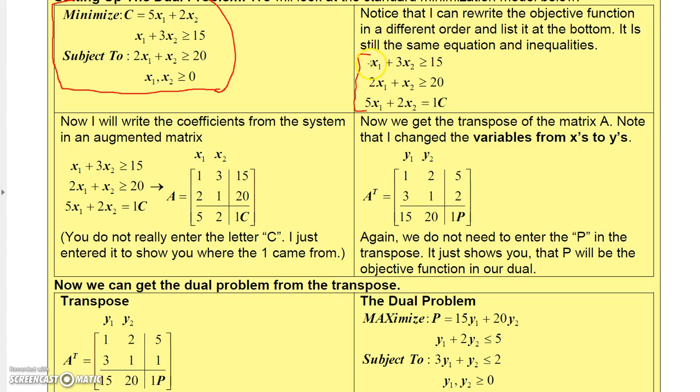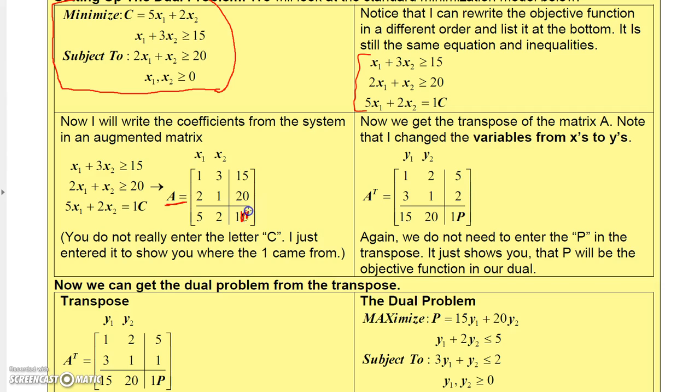Now we're going to write this in a matrix. Let's call that matrix A. Put the coefficients of your first constraint in the first row, 1, 3, 15. The second set of coefficients goes in the second row, 2, 1, 20. And in the bottom row, 5, 2, and 1. Now, I wrote 1C, but your book may not write that.